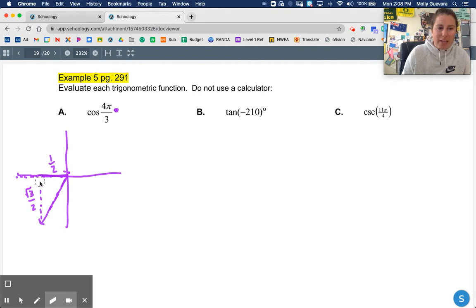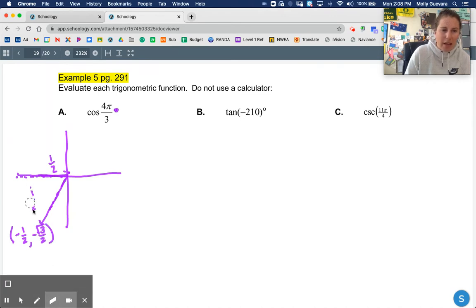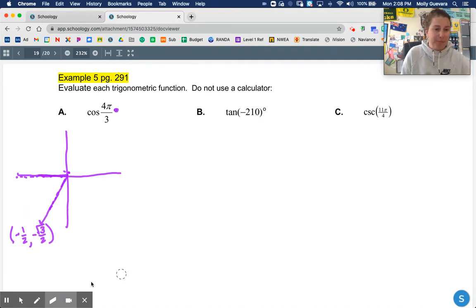So that's how I figure out the values there, and then I figure out whether it's negative or positive. In this case, they're both negative. So my x is negative 1/2 and my y is negative root 3 over 2. I just use that method in my head to ask which length is longer.